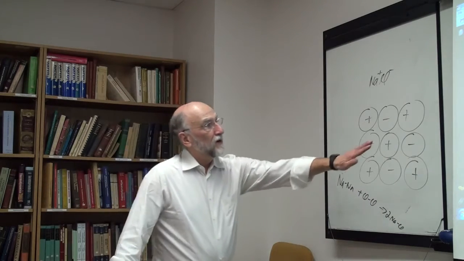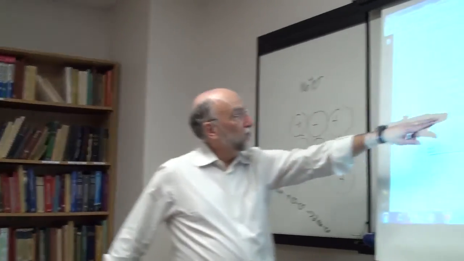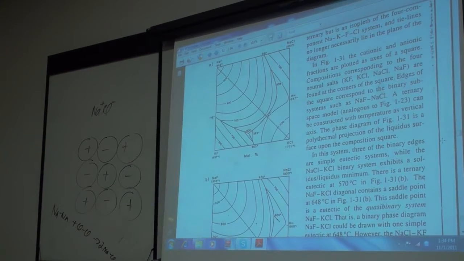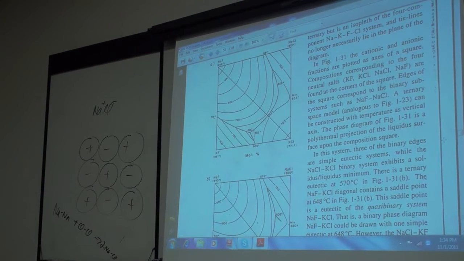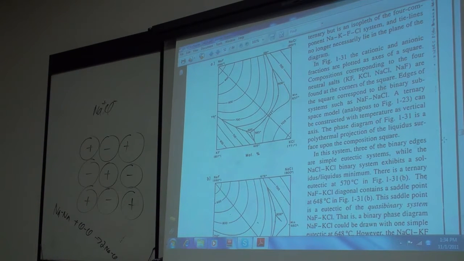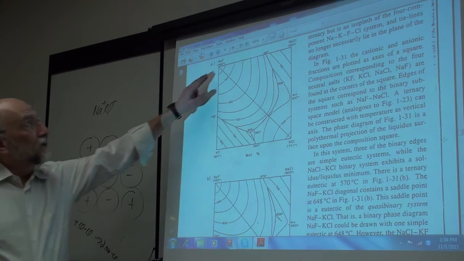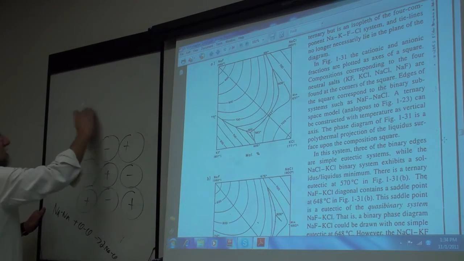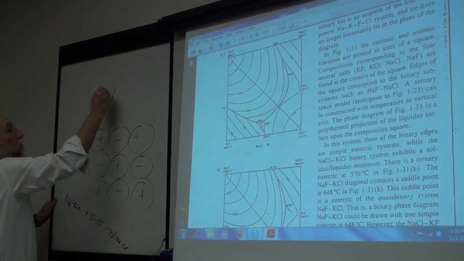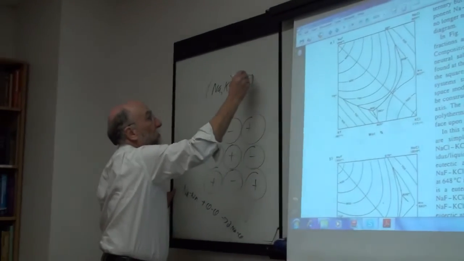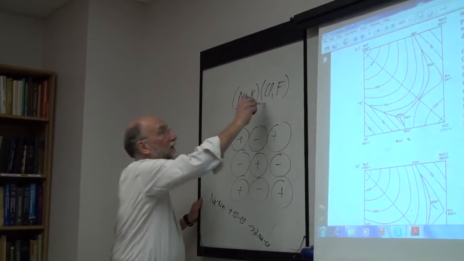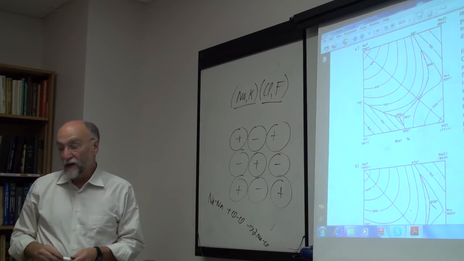Now, here we have the system sodium, potassium, chlorine, fluorine, and this is the phase diagram. In the liquid state, the 4 salts are completely miscible at all compositions; in the solid state they're not. In general we write sodium, potassium in brackets, chlorine, fluorine, to indicate that sodium and potassium go on one sublattice, and the chlorine and fluorine go on the other sublattice.